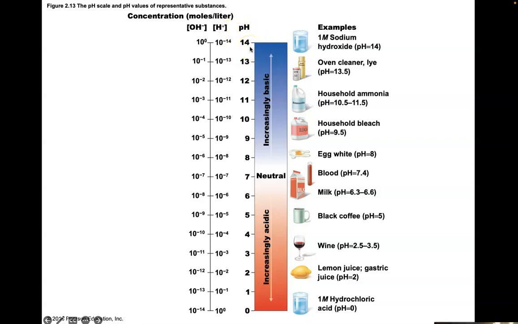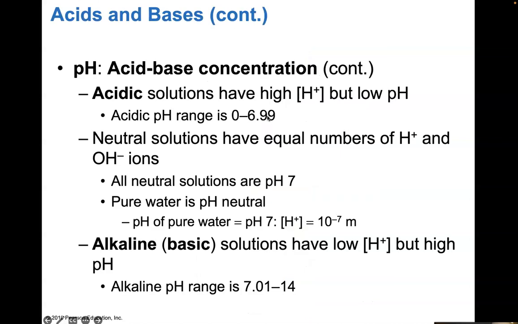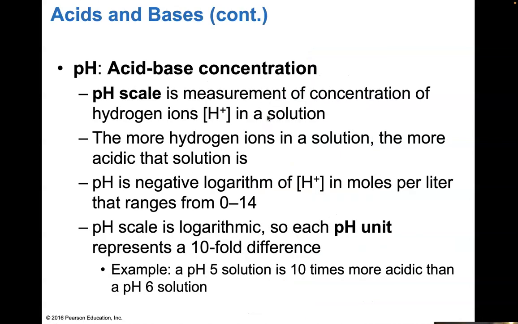But if that doesn't work for you and you're like, whoa, you just confused me, then all you have to do is remember 7 is neutral, below 7 is acidic, above 7 is basic. So the lower the pH, the more acidic; the higher it is, the more basic; and 7 is neutral.